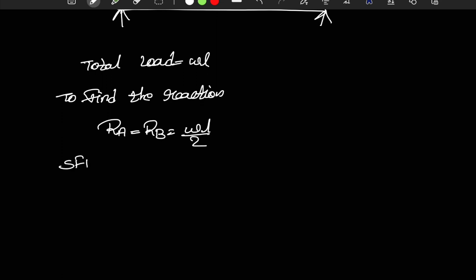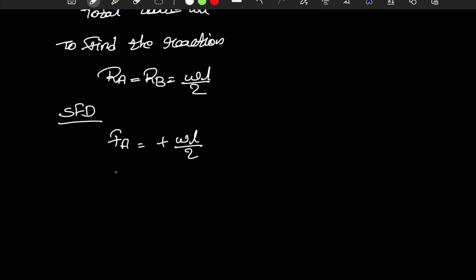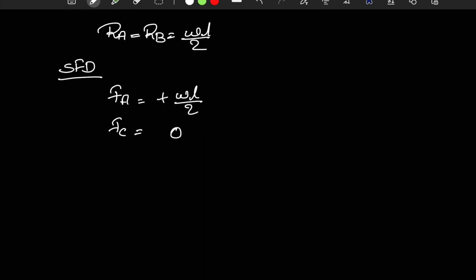For the SFD, FA is equal to positive WL by 2, FC is equal to 0, FB is equal to negative WL by 2.